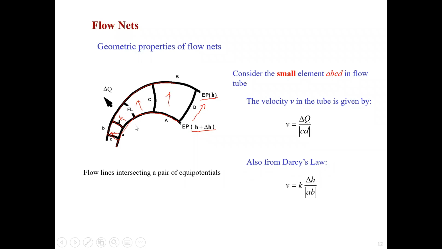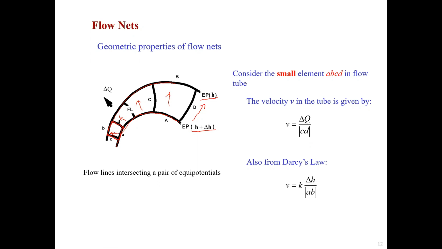If it's assumed that each tube is of unit width, the same as before, in the direction perpendicular to the screen, then for the small element ABCD, that's the small element.